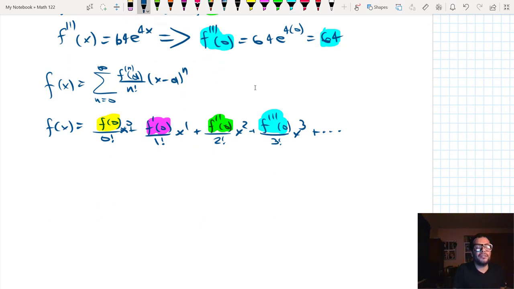So here we are going to say that e to the 4x equals 1 over 0 factorial.